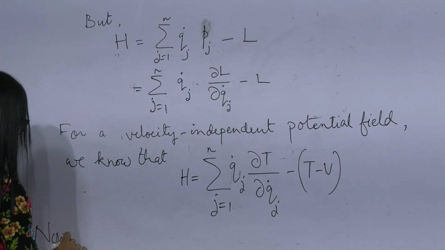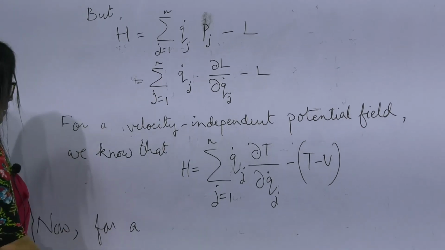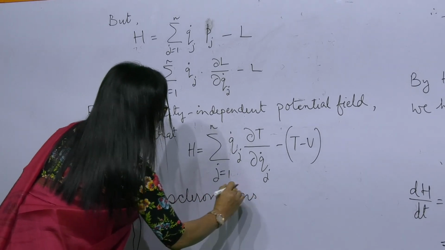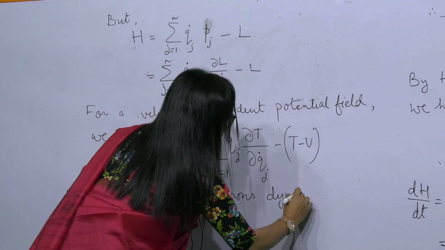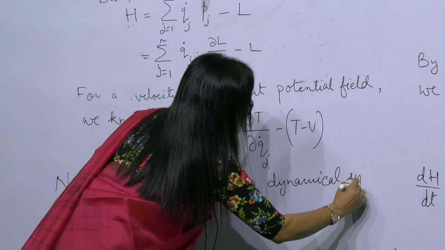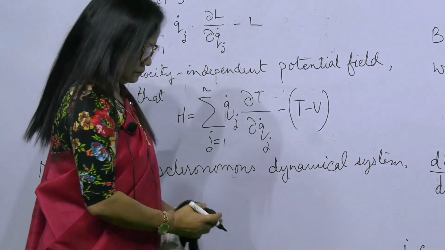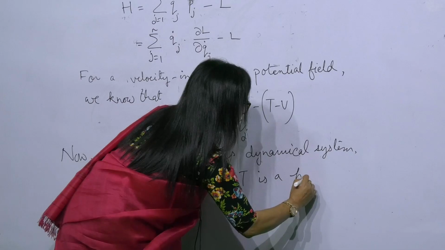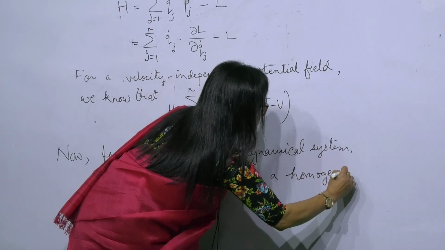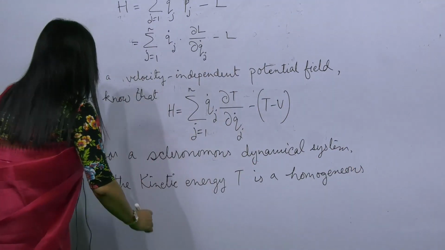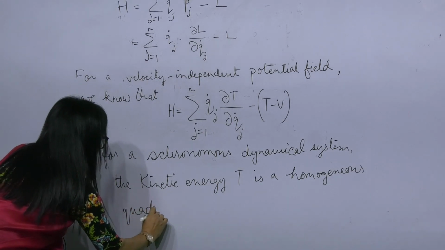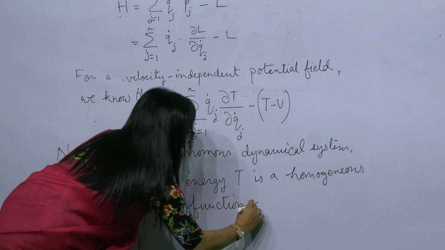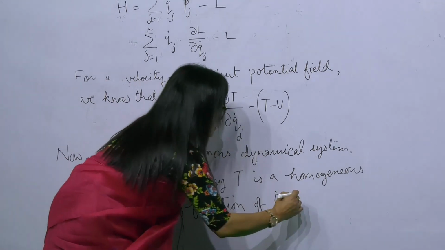Now, for a scleronomous dynamical system, the kinetic energy T is a homogeneous quadratic function of the generalized velocities.